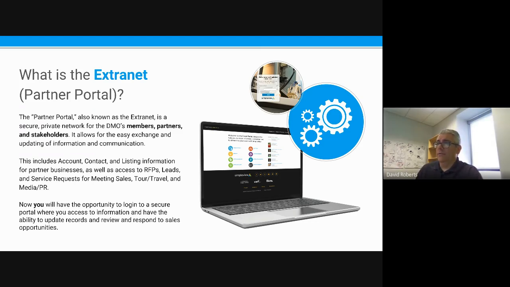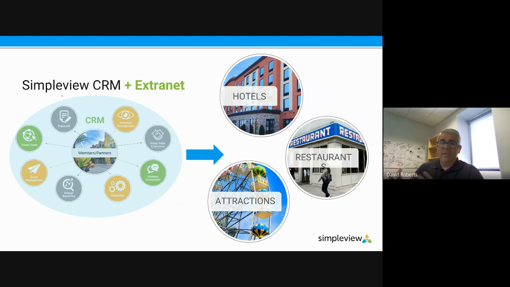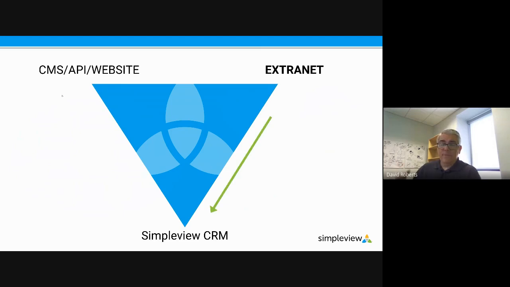All right. So what the extranet does is it allows you as a partner of Visit Big Sky to represent yourself by providing your information through this extranet or partner portal. That information flows from the extranet to the Visit Big Sky team's CRM, and then it can be exchanged back and forth.